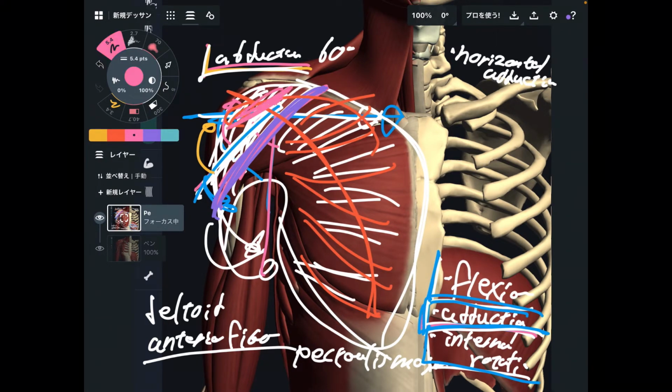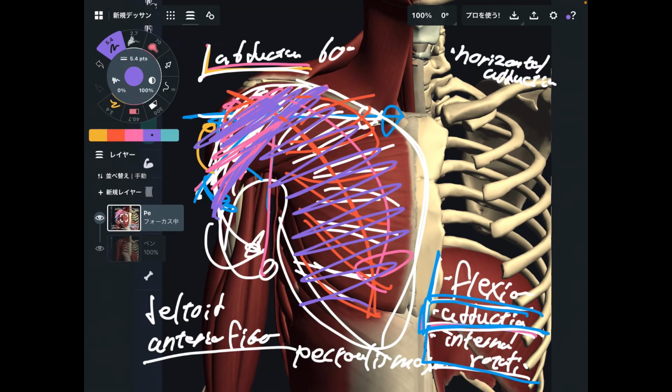Vice versa, if deltoid anterior fiber gets tight, that may affect pec major. Sometimes I see these two muscles as one continuous structure. I believe there is myofascial connection between these two muscles. Alright, this is basic anatomy of anterior part of chest and shoulder.